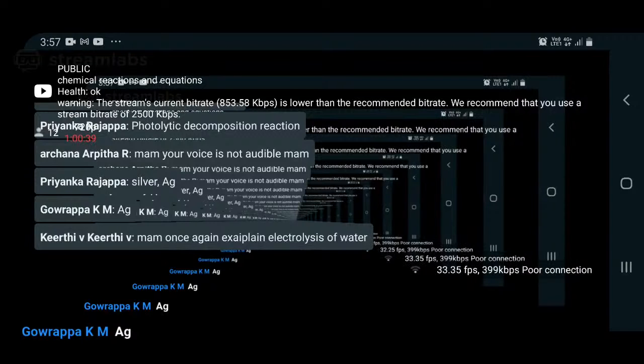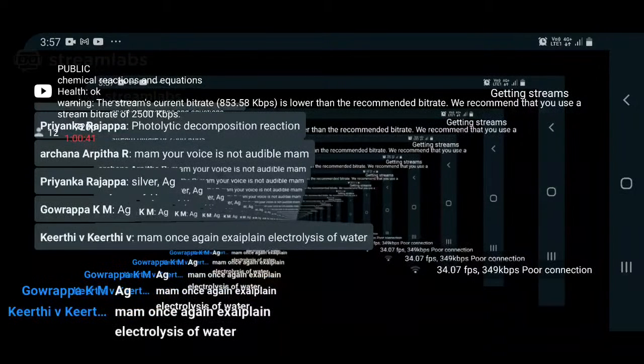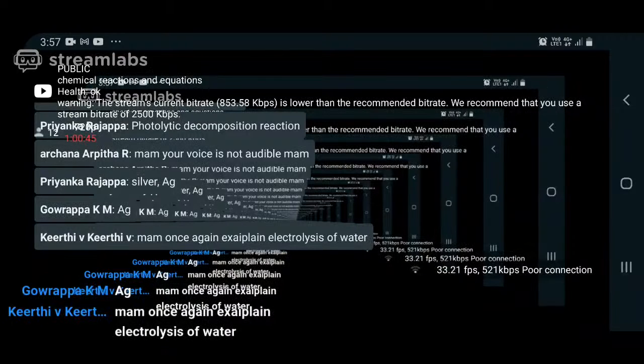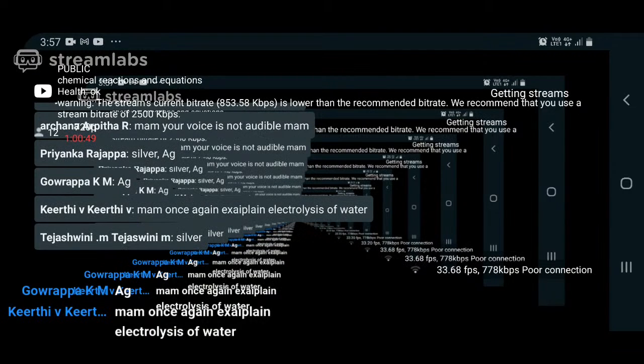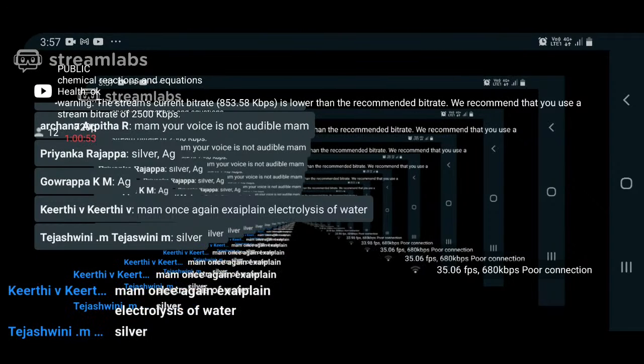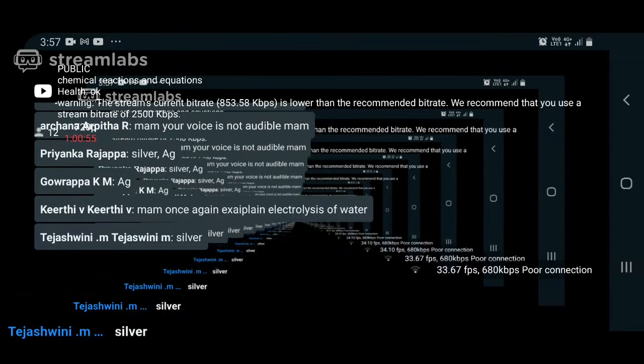Okay, electrolysis of water is very simple. There will be two electrodes, anode and cathode, and in that we just pour the water and connect it to the electric board and switch on, and electricity is passed through the anode and cathode, right?